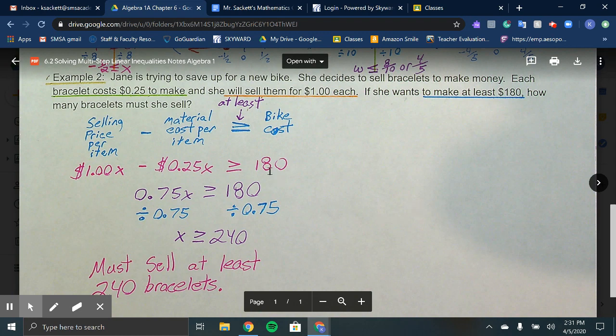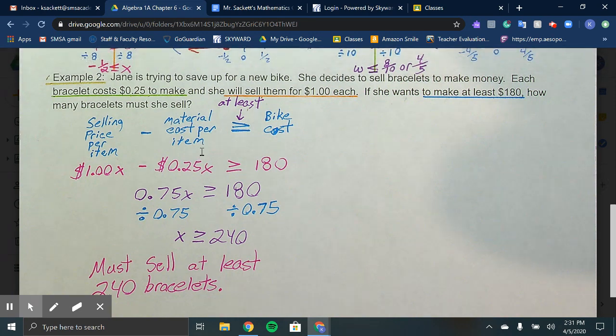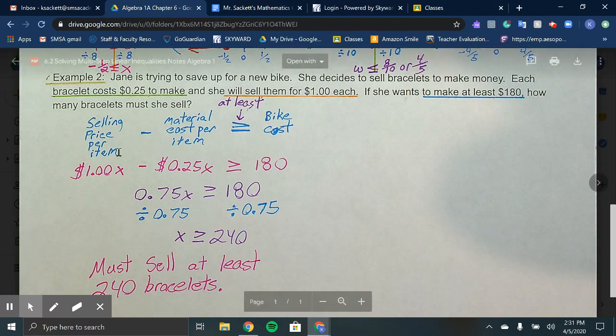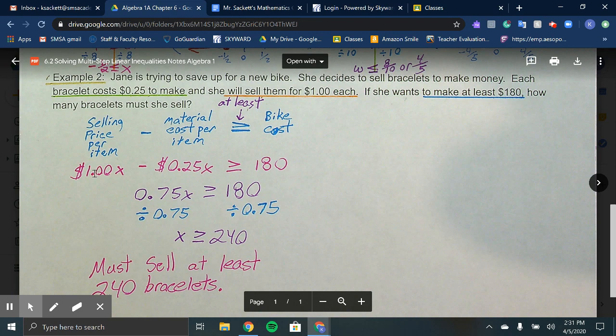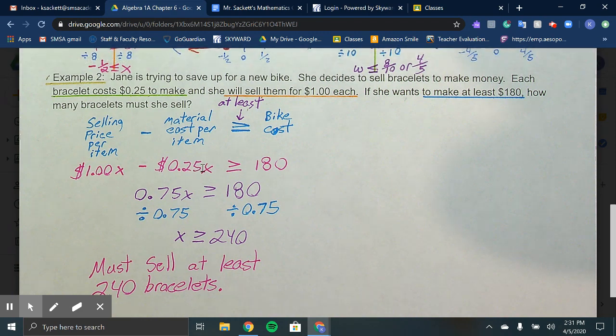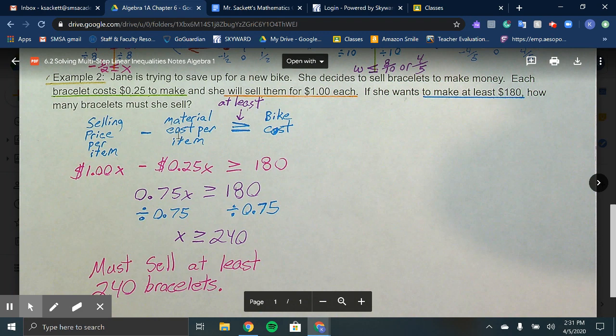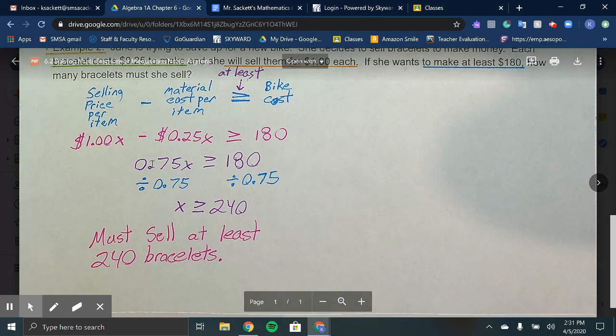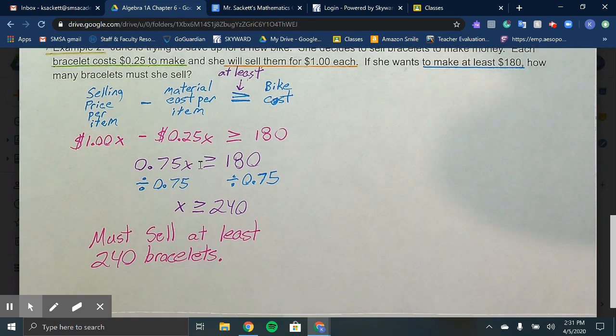So what I'm thinking is the selling price per item minus my material cost per item has to be greater than or equal to the cost of the bike. So $1 per bracelet, $1 times x, minus 25 cents times x is greater than or equal to 180. $1 minus 25 cents is 0.75x.